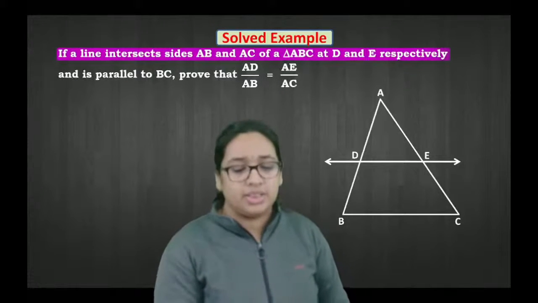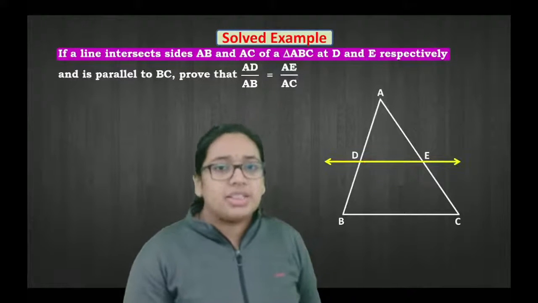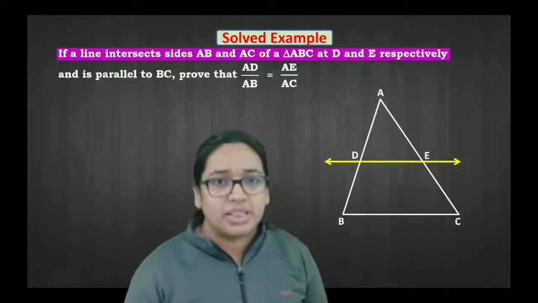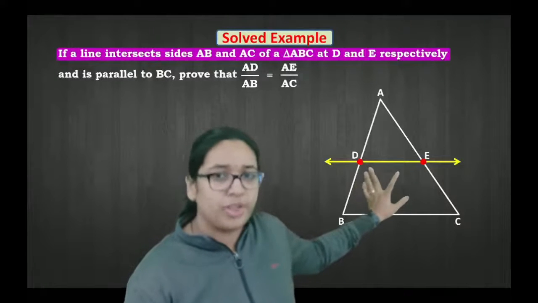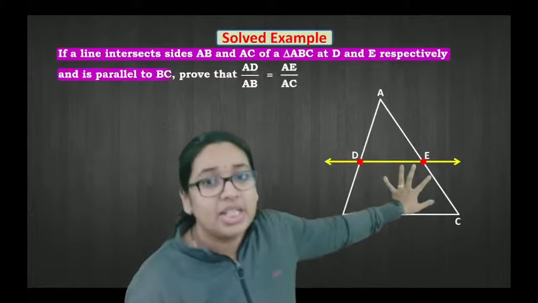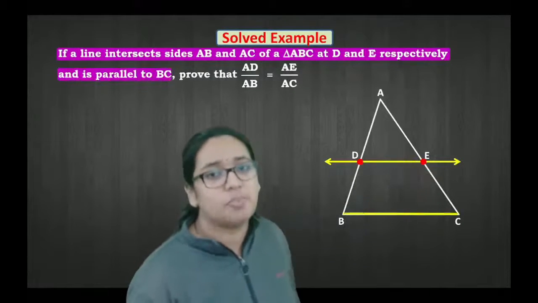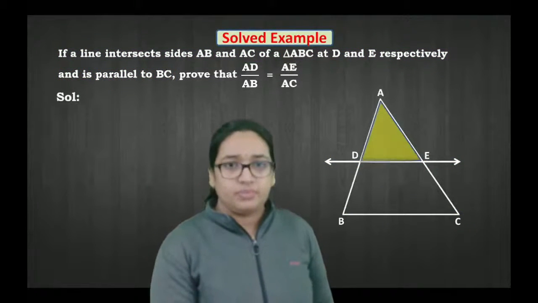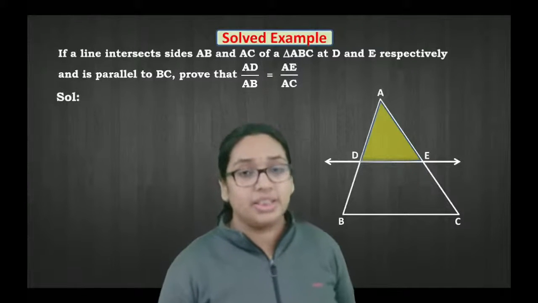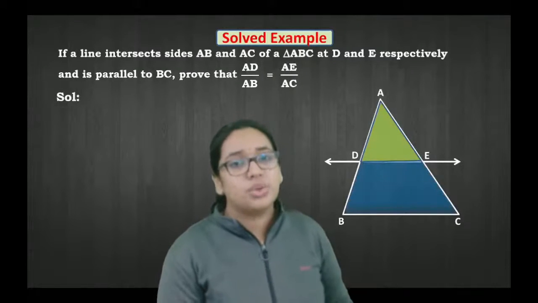Yes. The line intersects AB and AC at D and E respectively. So this will be our point D, this will be our point A, and this line is parallel to BC. Okay. So we can see there are two triangles.